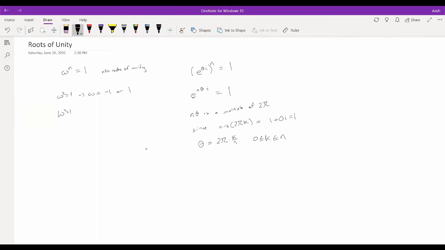Once k is greater than n, you would have something greater than 2 pi, which would overlap with one of the earlier solutions. So this results in an easy proof of our identity earlier, where we show that there are exactly n roots of unity for the nth root, for k equal to 0 all the way until k equal to n minus 1.